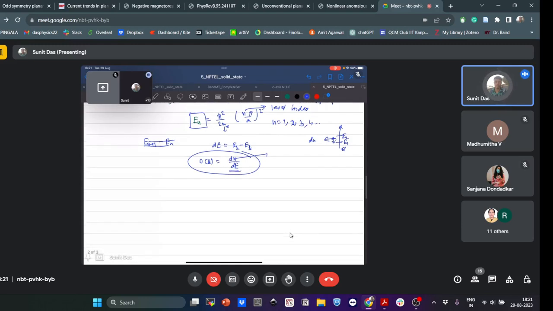So per unit energy, how many particles or electrons are there in the energy window dE? That's the simple definition of density of states. Okay, so let's stop here and move to solving some problems.